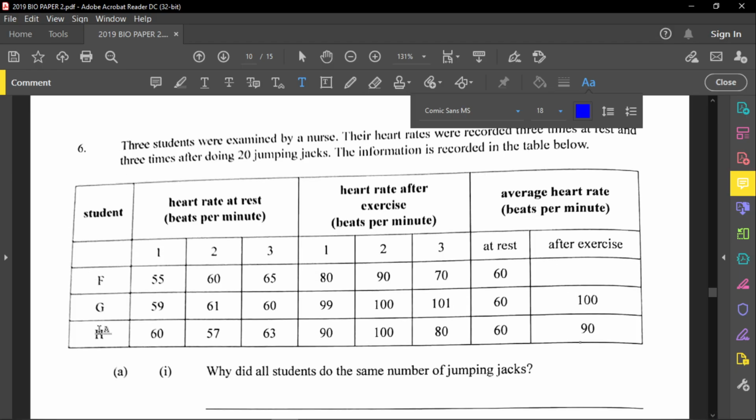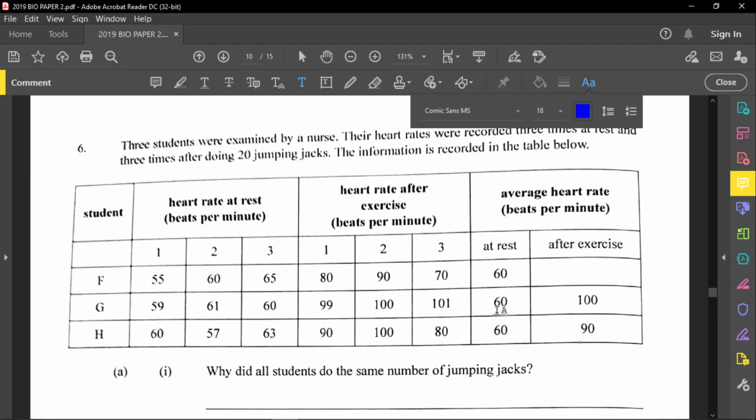You have students F, G, and H. The heart rate at rest is in beats per minute, and there are 3 trials, with the numbers there for each trial. Heart rate after exercise, beats per minute, again we have 3 trials. And at the end, the average heart rate, beats per minute.